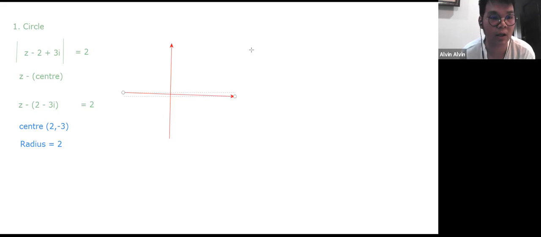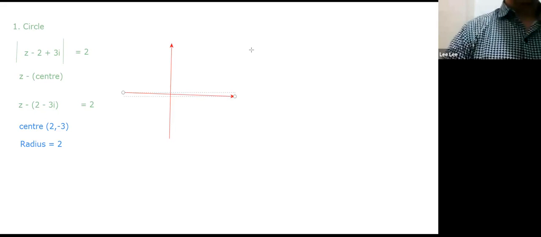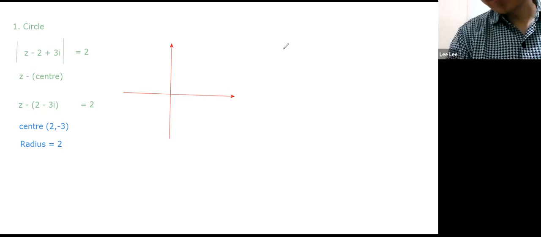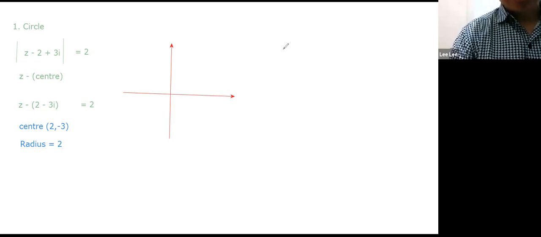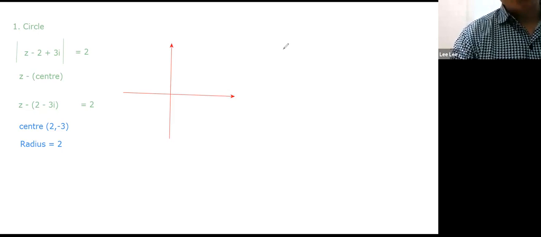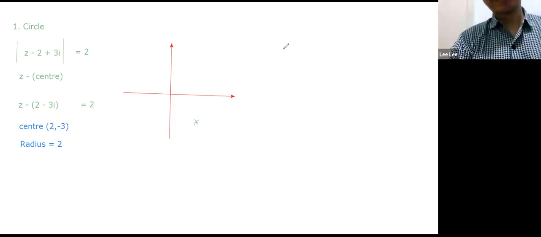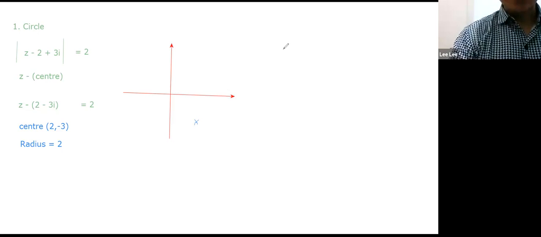Actually, I can derive the formula for you, but I think that's not the concern. If I derive how I arrive at the center, not many students are interested in it, so I don't do that anymore.